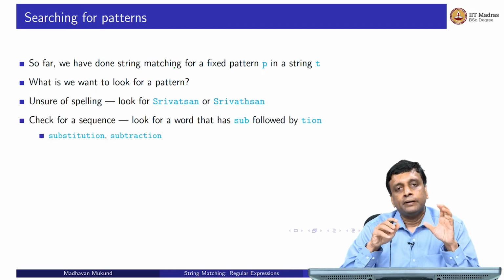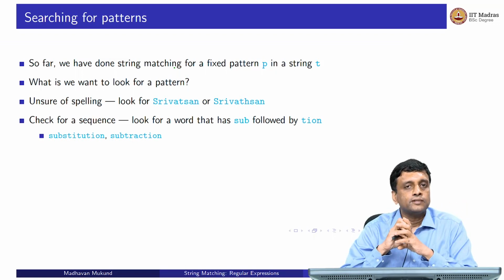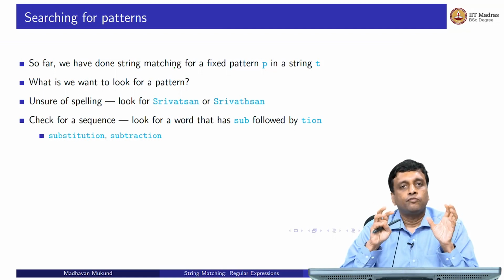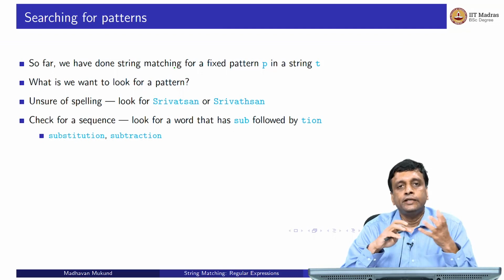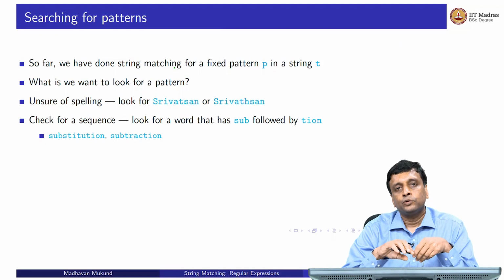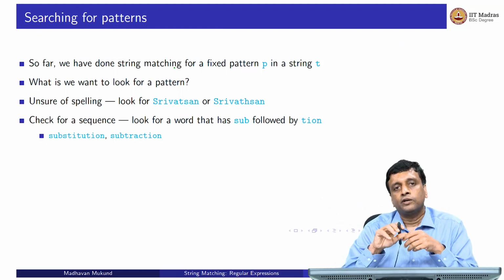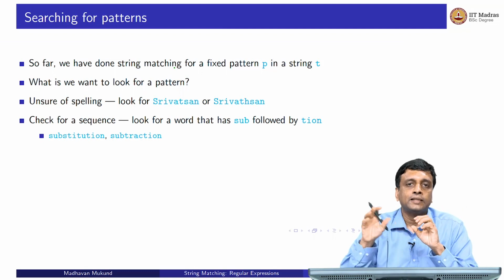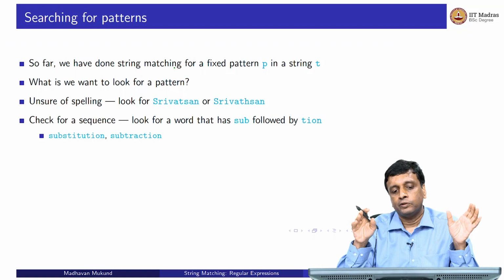Or you might have some idea about the beginning and the end but not something in between. So for instance, this very often happens when we are looking for the names of files on our computer, right? We want PDF files, so we know that the extension is PDF, and you might remember that you started off the word by saying lecture, so you are looking for a PDF file whose name starts with lecture and whose name ends with PDF, but you don't remember what happens in between.